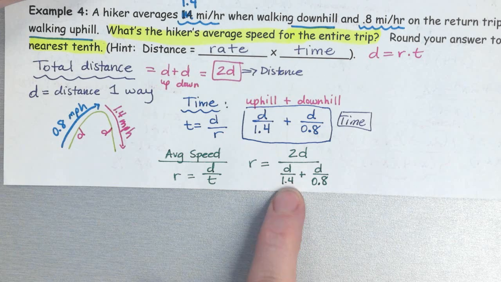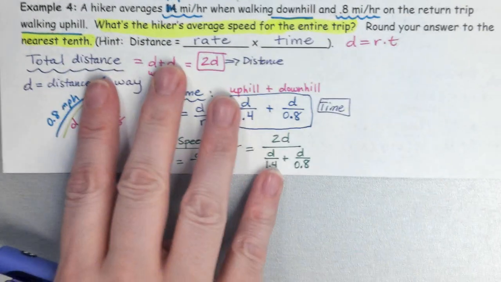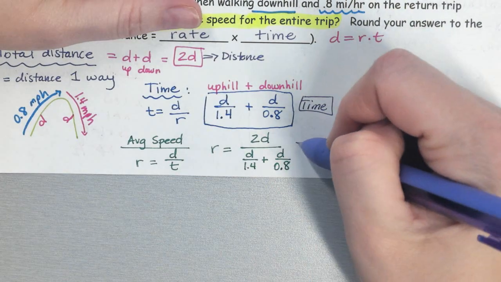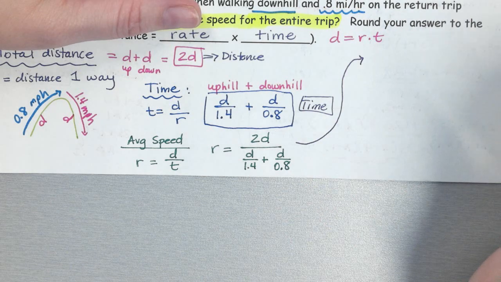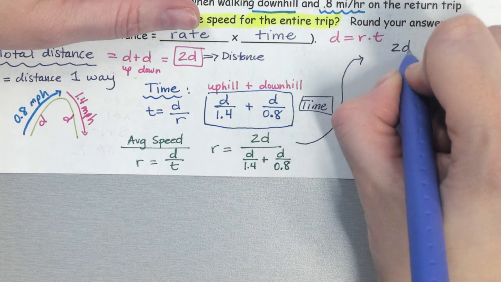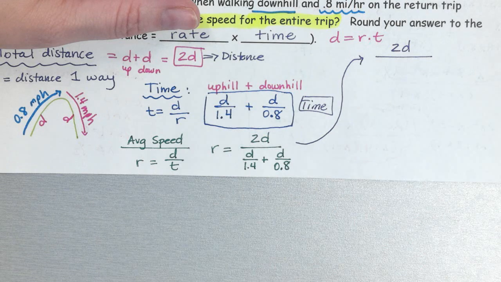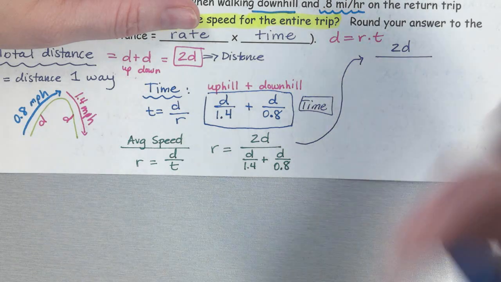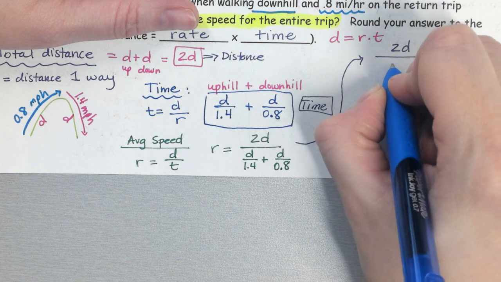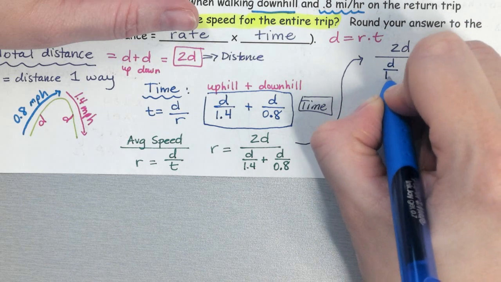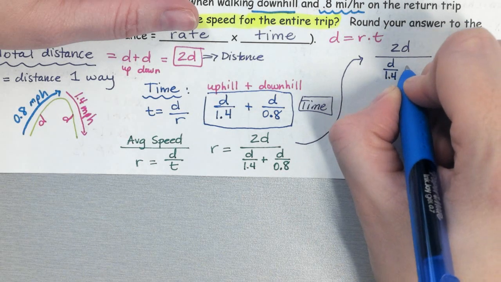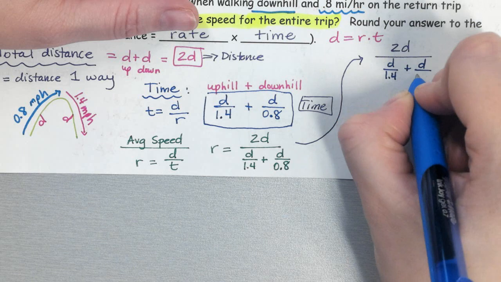Okay, so now we're going to solve like we just did before. The numerator, nothing to simplify. But in the denominator, what do we have to get? We have to get a common denominator to add these together, right?